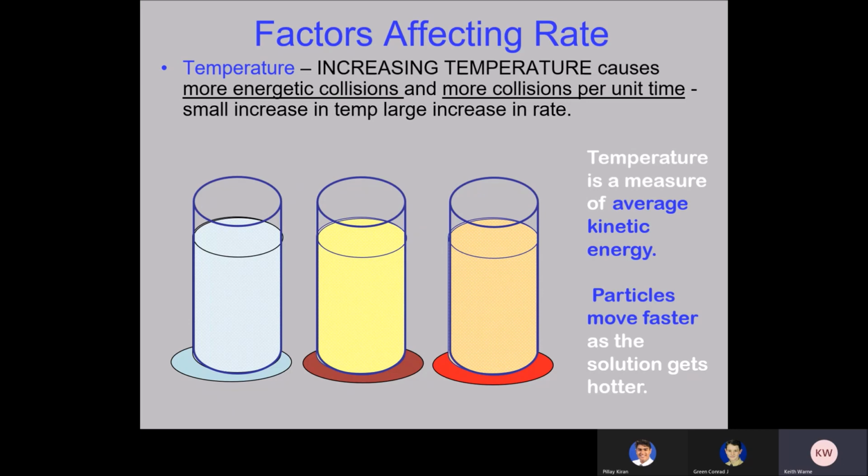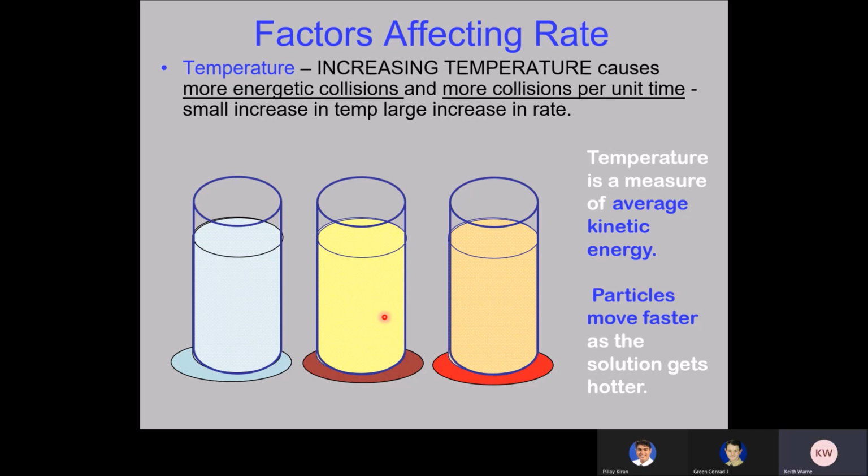Not only do you have more collisions per unit time, but the collisions that you do have will be more effective because they're going to have more energy, because the particles are moving faster. So you are changing 2 things when you increase the temperature. You're changing the number of collisions per second, and you're increasing the energy of the collisions.